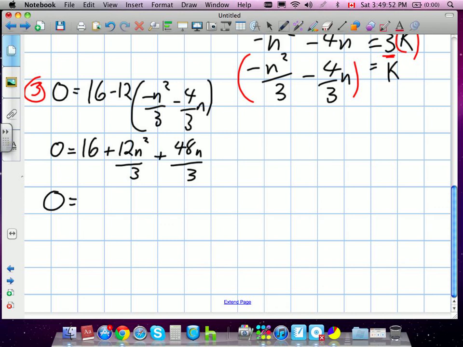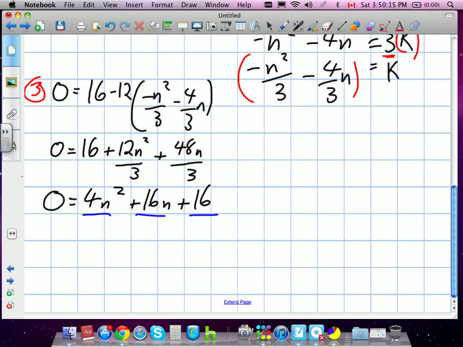Now these are actually going to work out into round numbers for us. We're going to work out into 0 is equal to, and we're going to rearrange this. What's 12 divided by 3? 4. 4n squared. 48 divided by 3? 16n. And plus 16. Now that I've done this, I can solve for n.